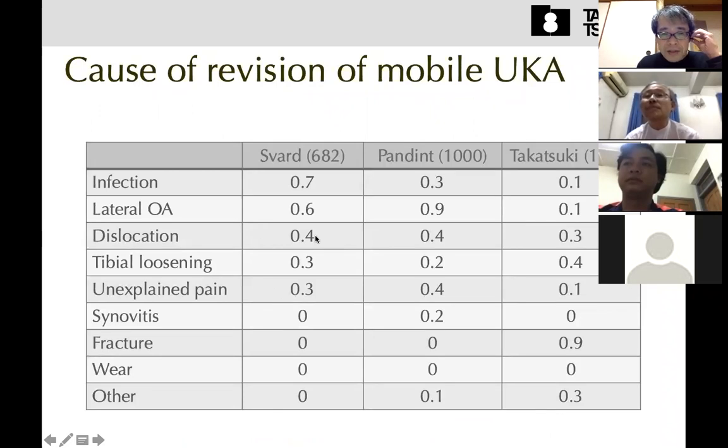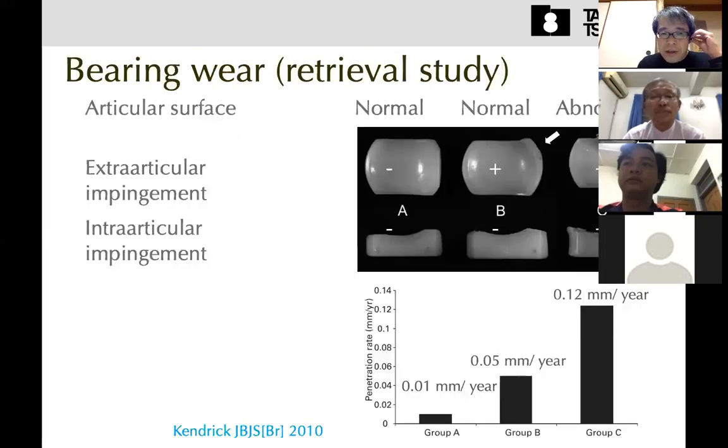In the European countries, infection and lateral OA are more frequent. But in Japan, or maybe in some other Asian countries, fracture is more frequent, maybe due to the osteoporotic bone and very small bone size. Anyway, we always use the mobile bearing Oxford UKA.